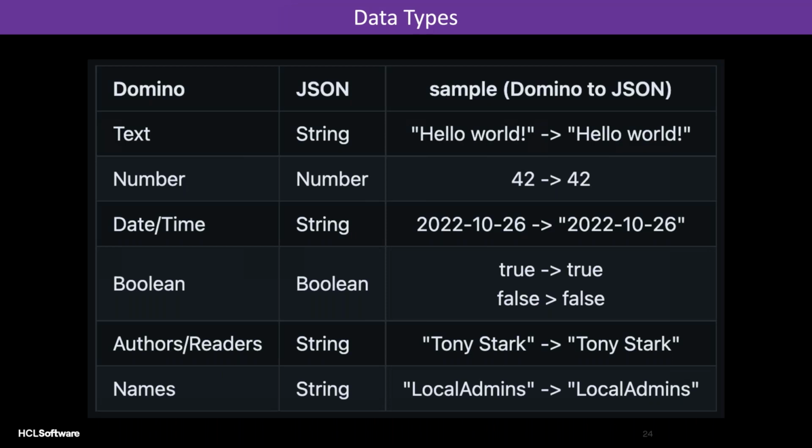As for the data types, we put a lot of effort in converting notes data types to JSON and vice versa. So shown here are some of the examples. Now, in Domino REST API, we spent quite some time to make sure that all of these back and forths, all of that conversions works as expected.